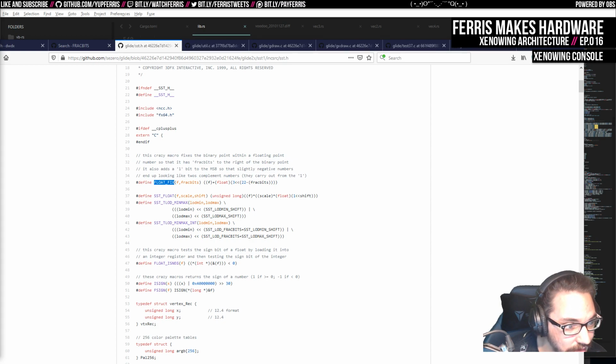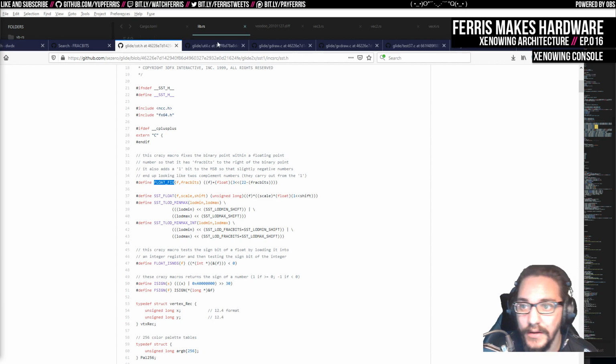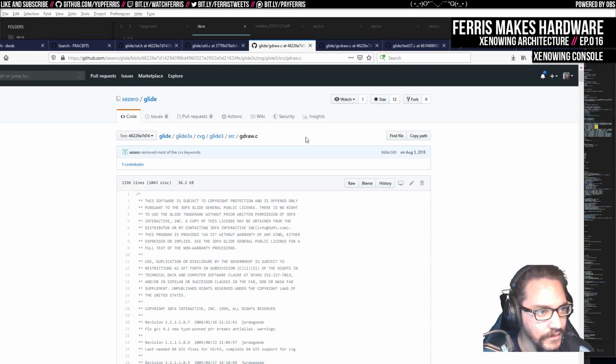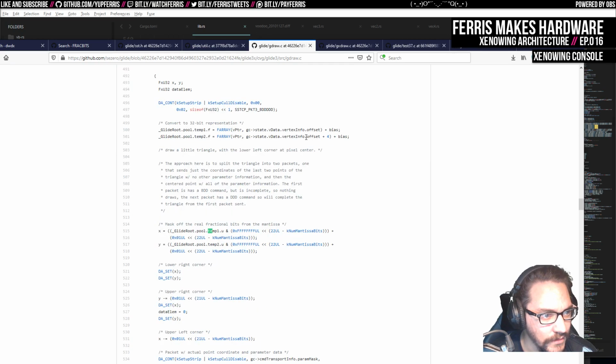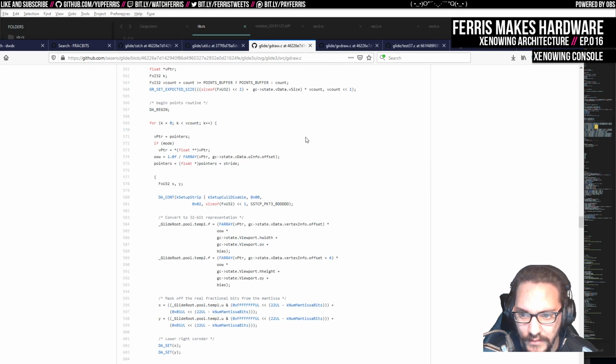That's a good find, isn't it? G draw, was that? What? That's a different version than what I'm looking at, isn't it? SC0 glide blob. Oh, same commit. 1455.